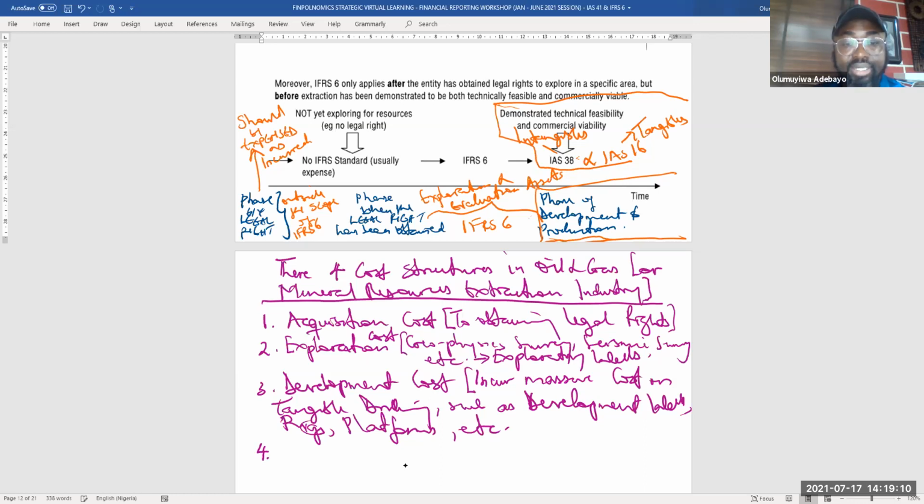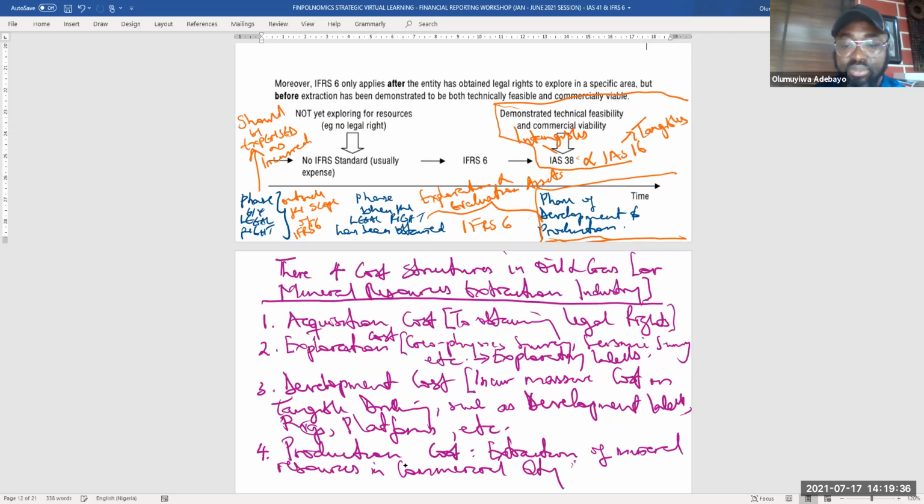Okay, and the last one is the production cost. That is when you have more or less gotten to the level of extraction of mineral resources in commercial quantity from the earth crust.